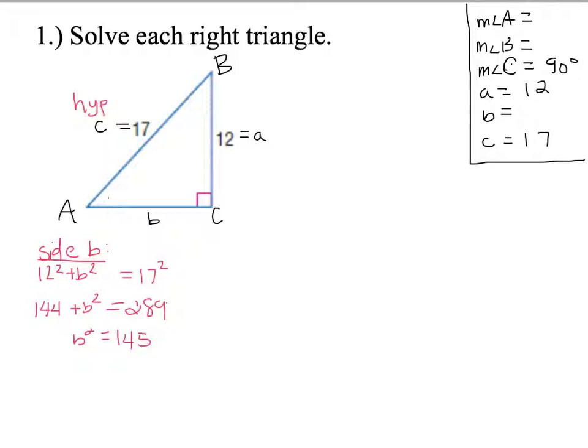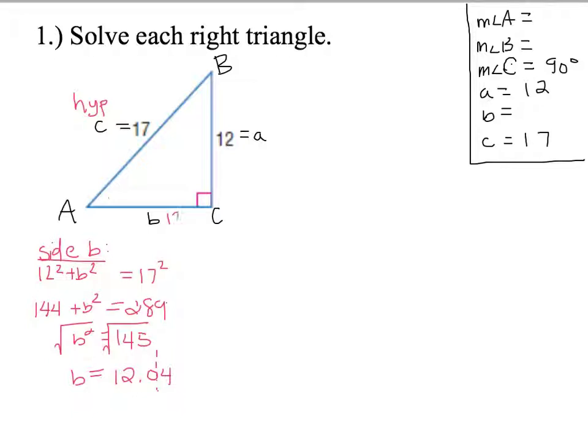And then to get rid of our square, we'll square root both sides. I know 12 squared is 144, so 145 is going to be pretty close to that. Hey, look at that, 12.04. We're going to round to the tenths like we've been doing on all the others.